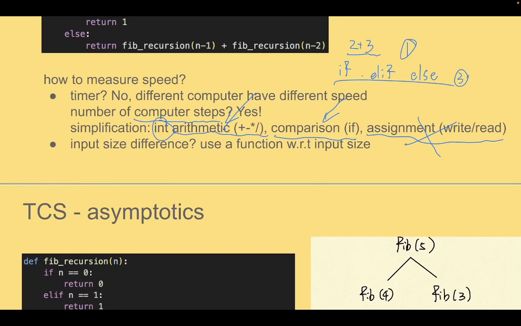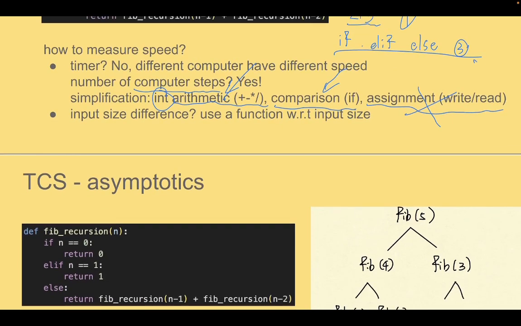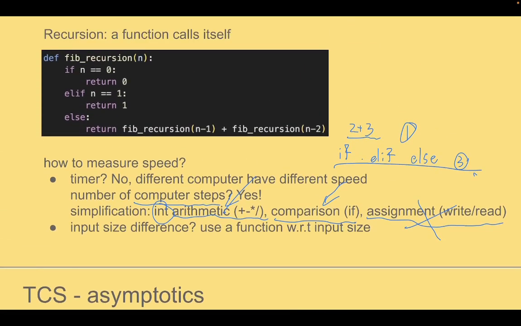Okay, so the input of an algorithm, for example Fibonacci 3 and Fibonacci 9999, must take different time, right?